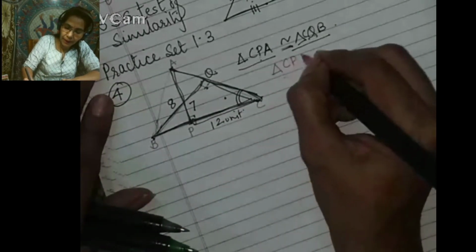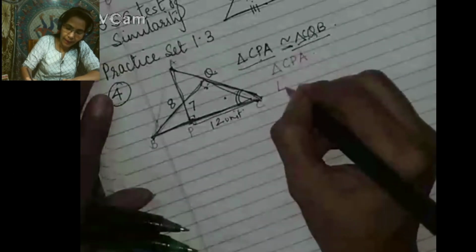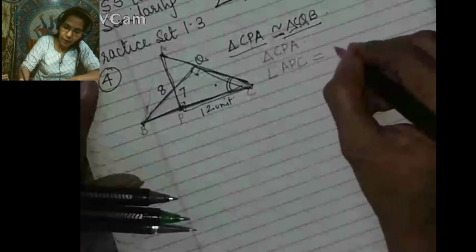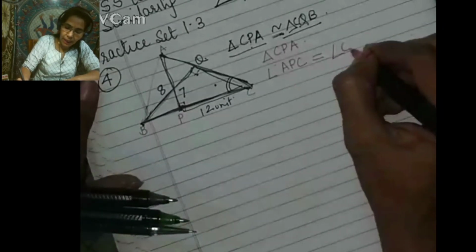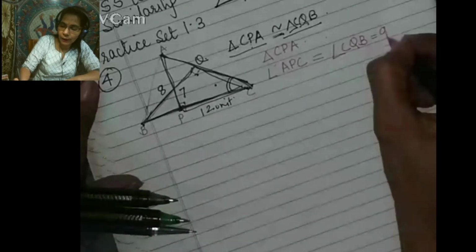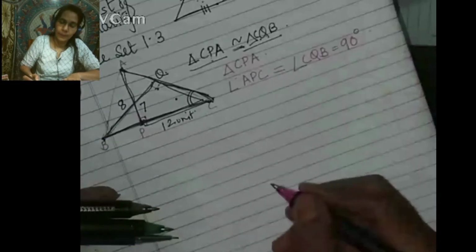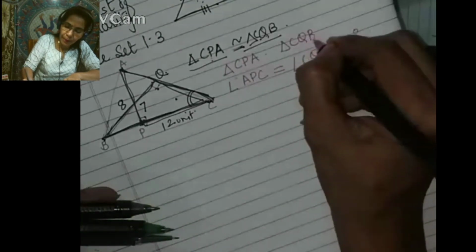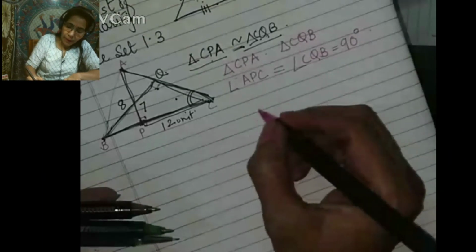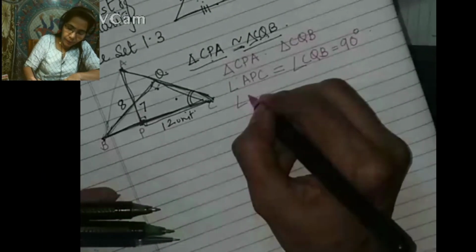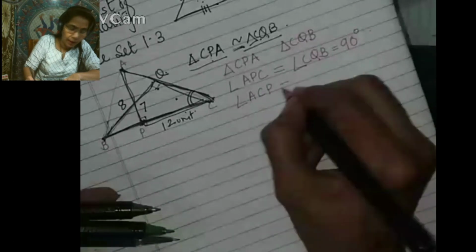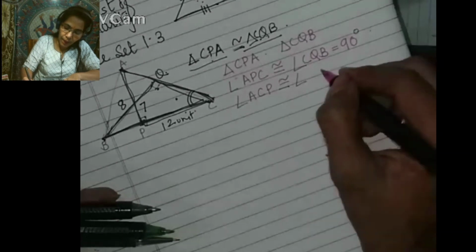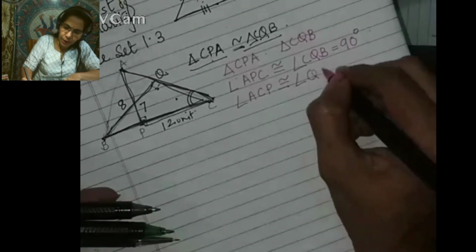Triangle CPA, angle APC is equal to angle CQB, which is equal to 90 degrees. Which second triangle am I going to consult? CQB. Angle ACP is congruent to angle QCB.